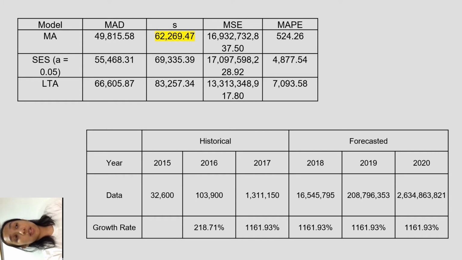And you could see that MA, moving average, has the lowest standard deviation among the three, so it's going to be what is followed by the company, and it will be done by a hired employee skilled in forecasting.